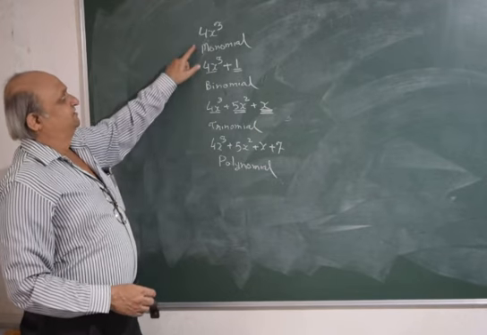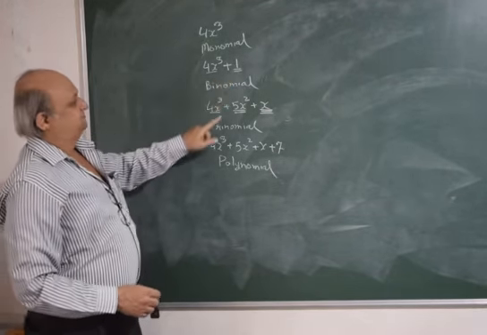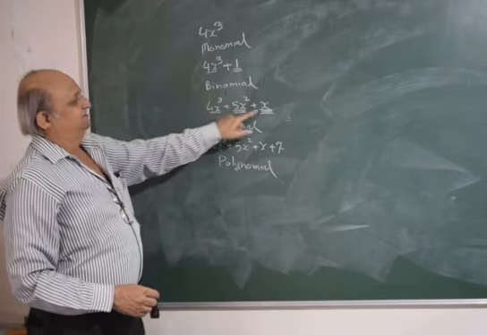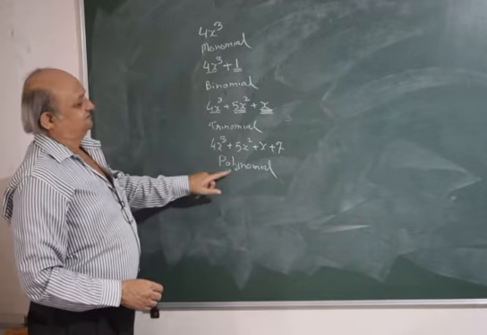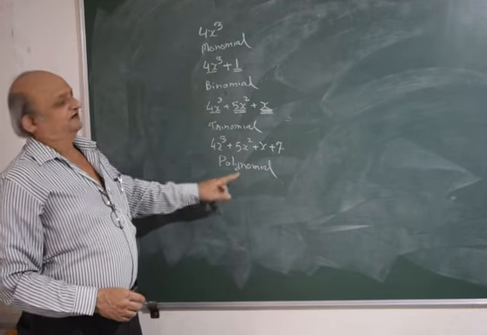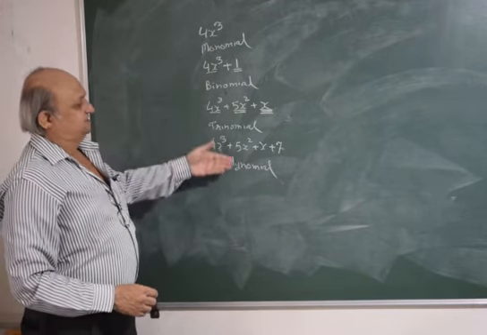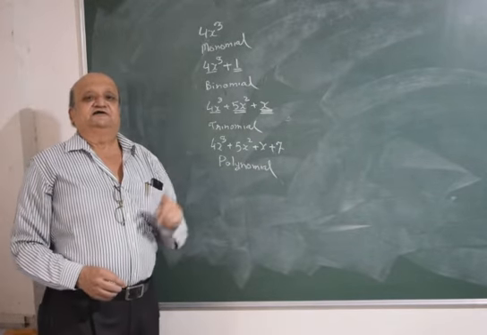So we have a monomial with only 1 term, binomial 2 terms, trinomial 3 terms, and anything more than 3 terms, a polynomial. And all these, as you can see, contain just one variable.